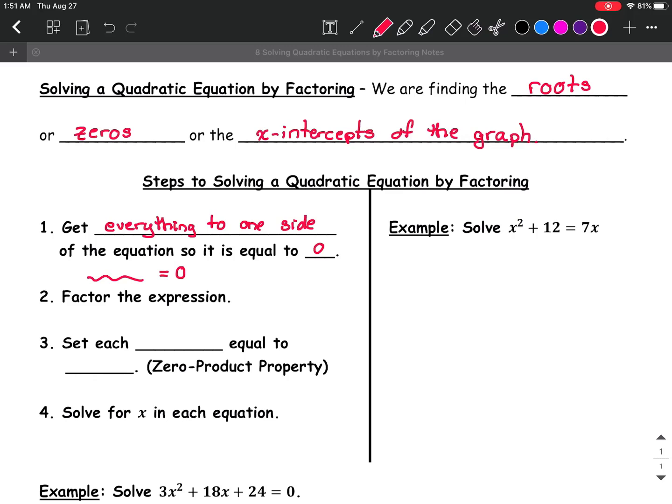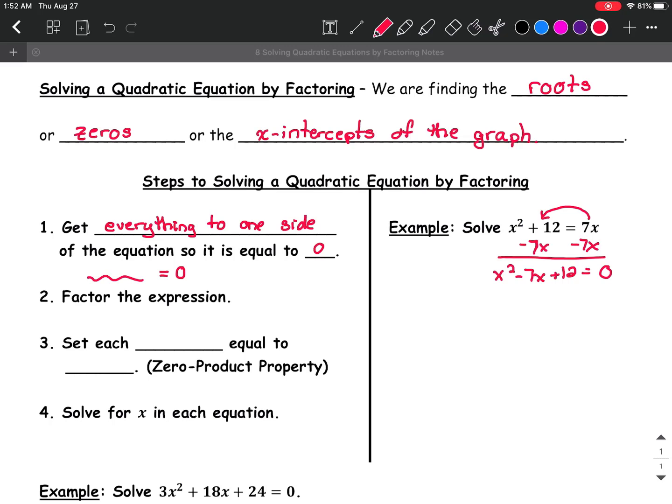That 7x is the only thing on the right-hand side. We need to move it to the left. In order to do that, we do the opposite operation. We subtract 7x from both sides. There are no like terms there, so this is just going to be x squared minus 7x plus 12 equals, wait for it, 0.